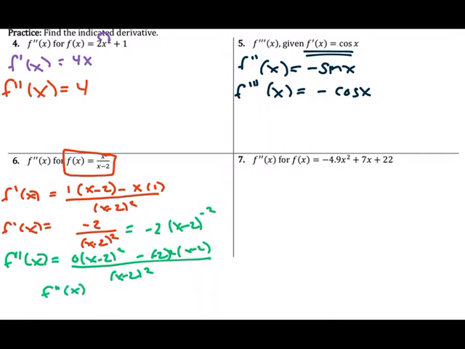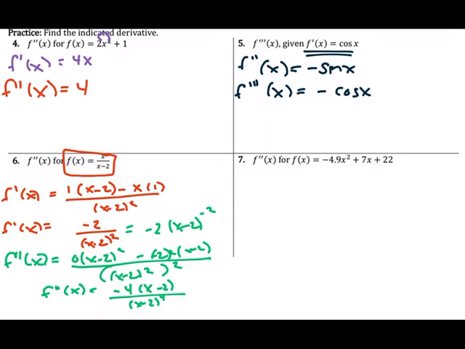And let's go ahead and clean this up. That's going to be negative 4 times x minus 2 over x minus 2 quantity squared, so x minus 2 to the 4th. We're going to leave it just like that.